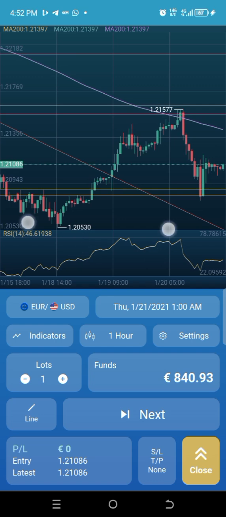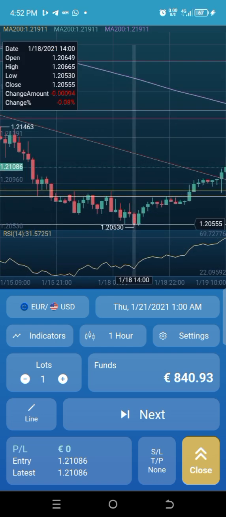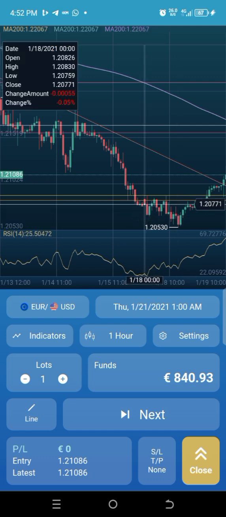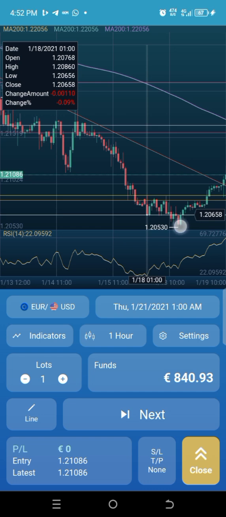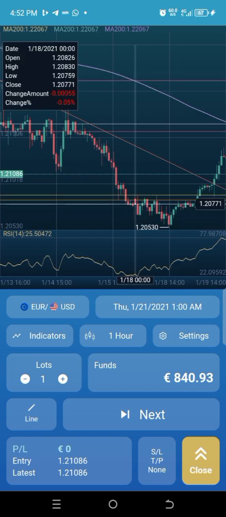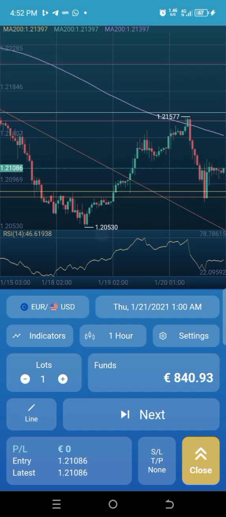Let us look at our candle here. 31. Is there a divergence? 22. There's a divergence here between here and here. Considering this as the low, this has another low. So let's wait and see.